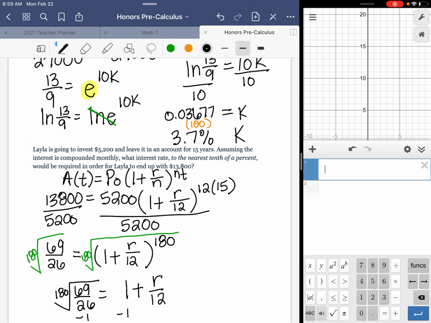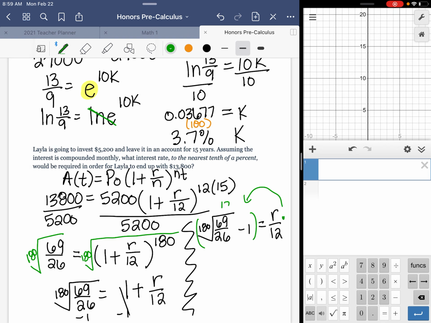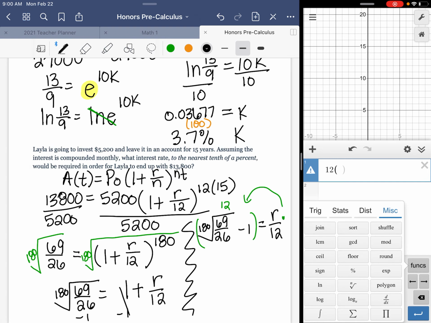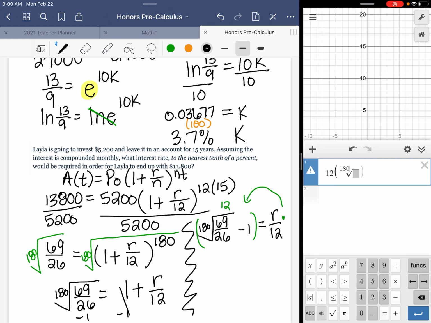So if I subtract 1, I have the 180th root of 69 over 26 minus 1 outside of that root equals r over 12. And then I'm going to multiply the 12 to the other side. So I'm going to multiply by 12 here. Now, I have to be very careful when I plug all this in. So 12 times, and I'm going to take the 180th root of 69 over 26, minus 1.